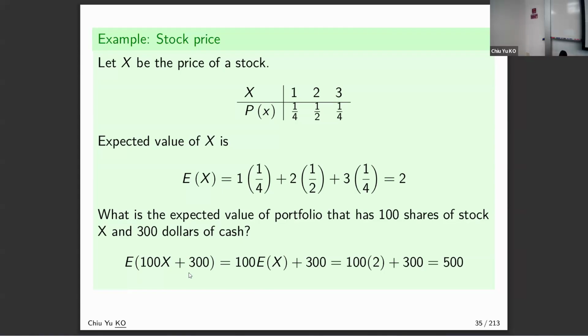So the portfolio value will be 500. Of course, this operation is only valid as linear for the expected return. Later, when we get to variance, which measures the risk, it will not follow this formula. It is not linear. Linear only works for the mean, the expected return. Later you will see it's different.